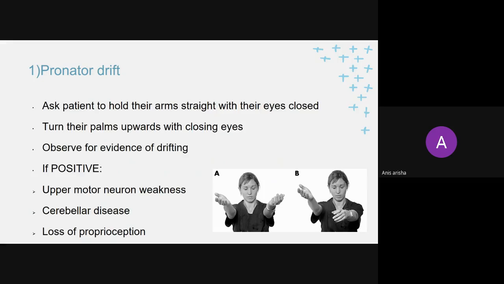As you can see in the picture, A is normal. However, for B, there is pronator drift on the left side. If there is positive pronator drift, it can indicate upper motor neuron weakness, cerebellar disease, or loss of proprioception.